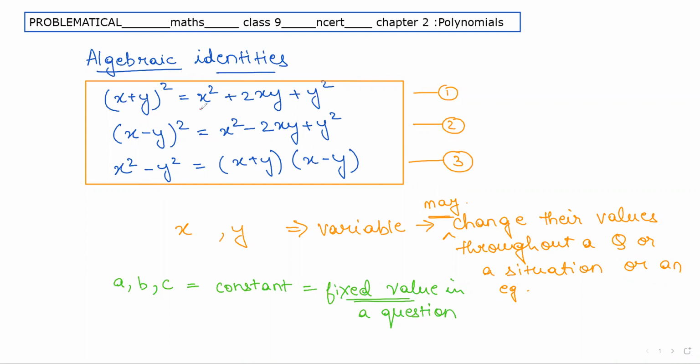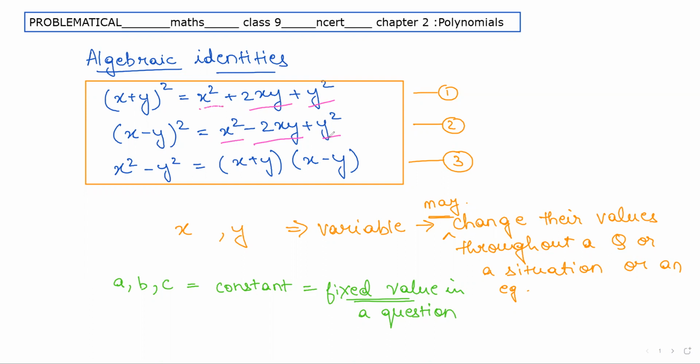Now in the first and the second equation, we have three terms each. First equation: x² is a term, 2xy is the second term, y² is the third term. Second equation: x² is the first term, −2xy is the second term, and y² is the third term. Here x and y are variables. Now a variable is something whose value may or may not change throughout a question or a situation.